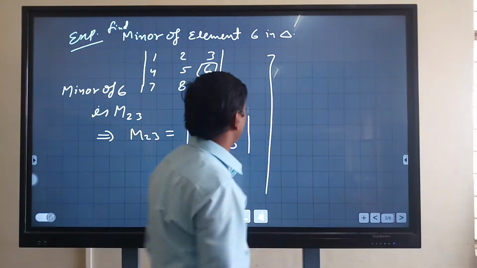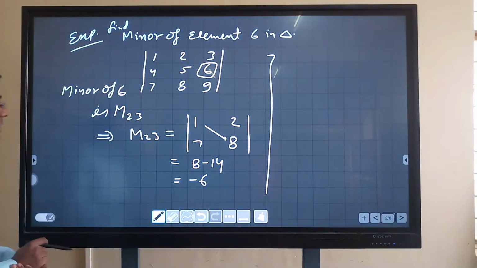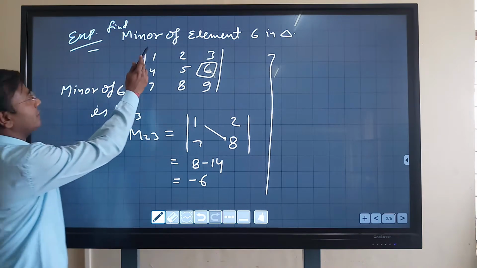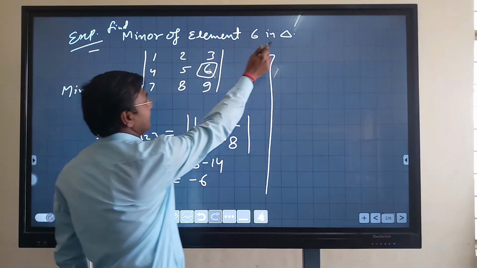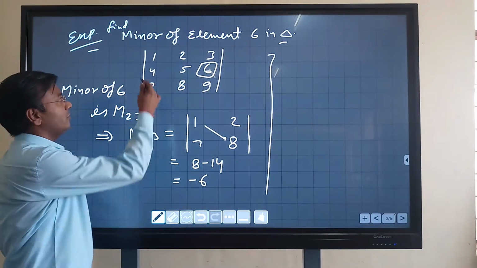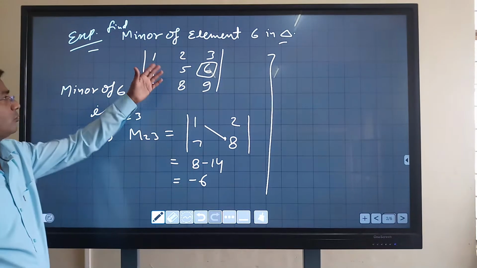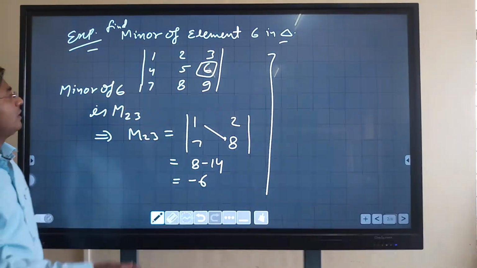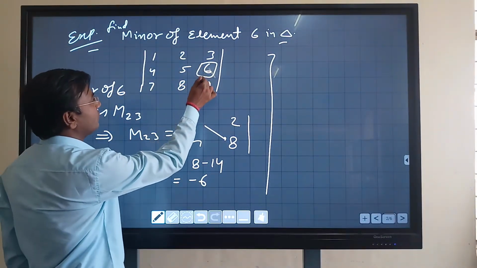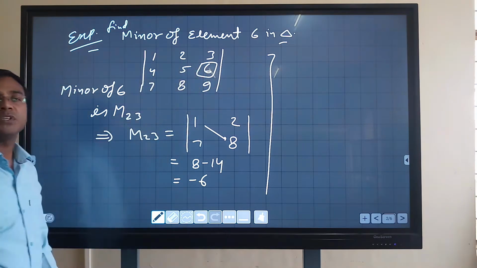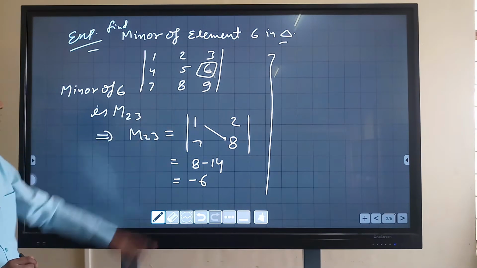Okay, so to understand this, I have taken one example. Find the minor of the element 6 in the determinant. So let us consider the determinant 1, 2, 3, 4, 5, 6. And we are to find the minor corresponding to this element 6.